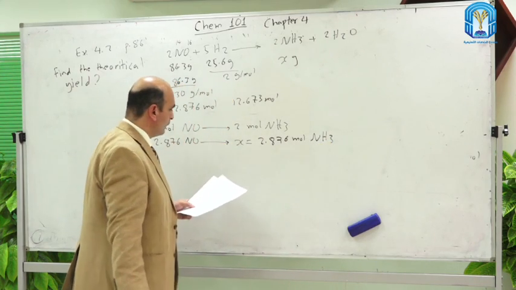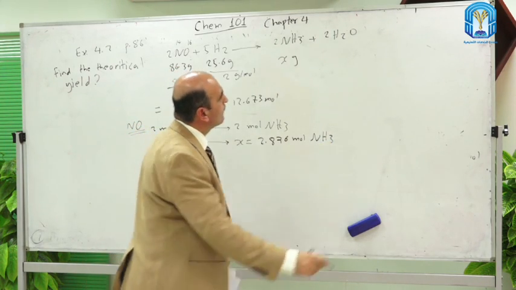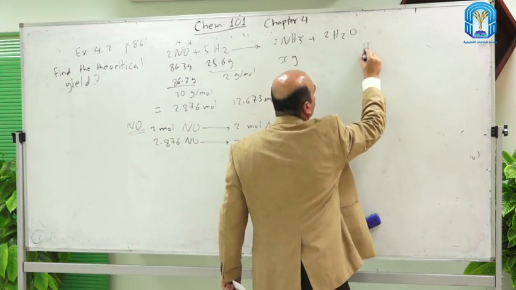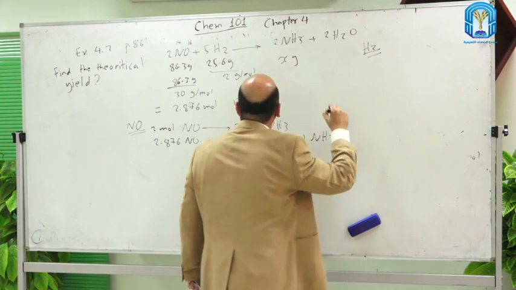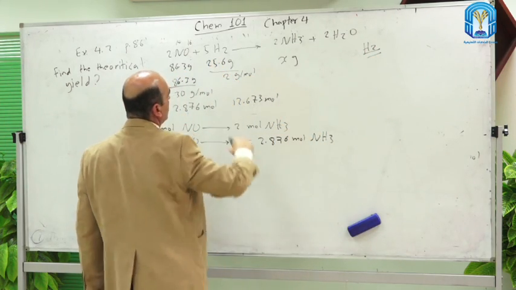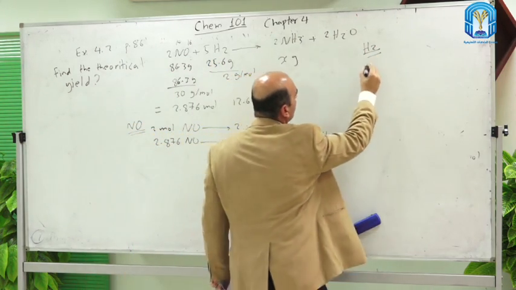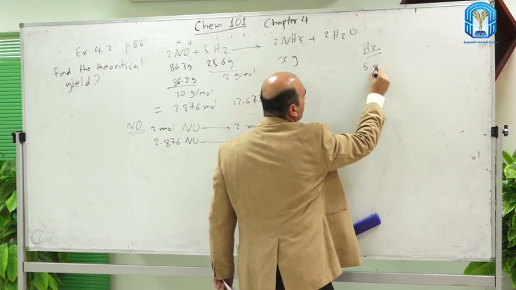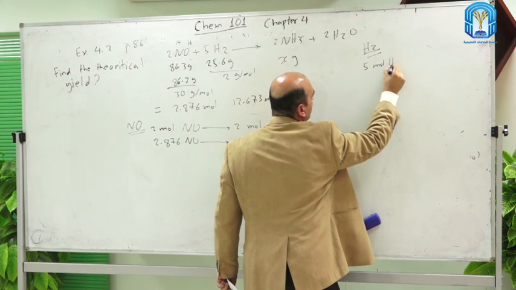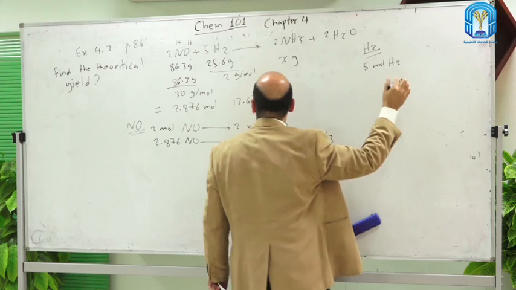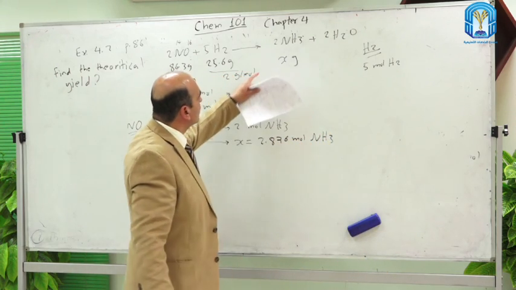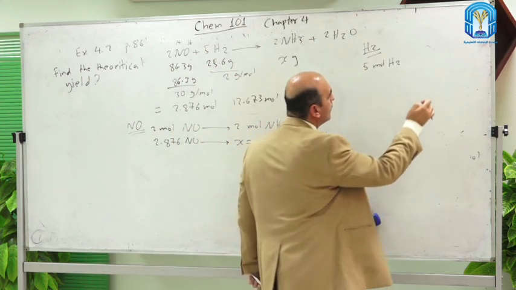Now we calculate it for hydrogen. We have 3 moles of hydrogen. Three moles of hydrogen gives us 2 moles of ammonia.